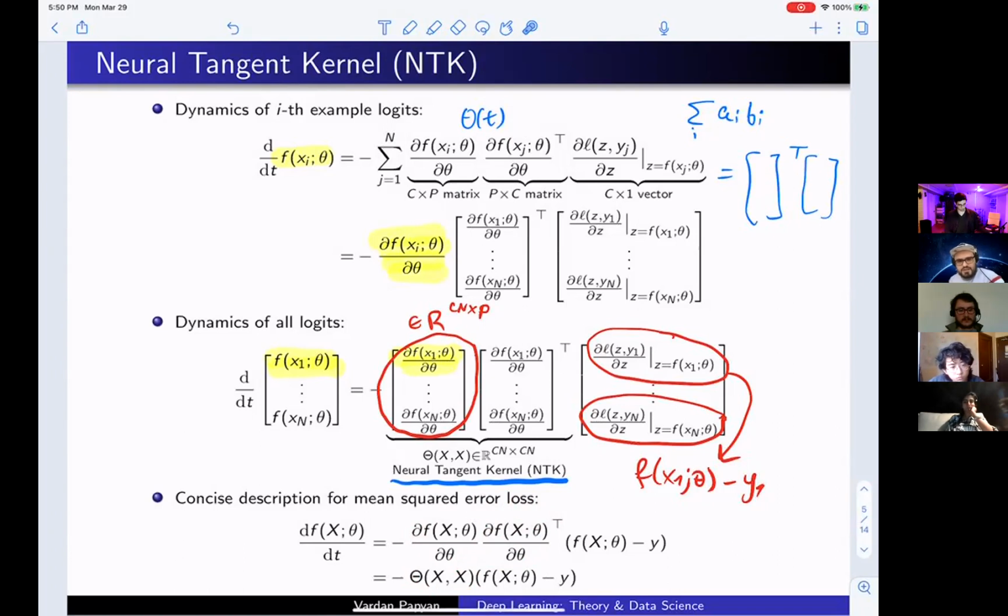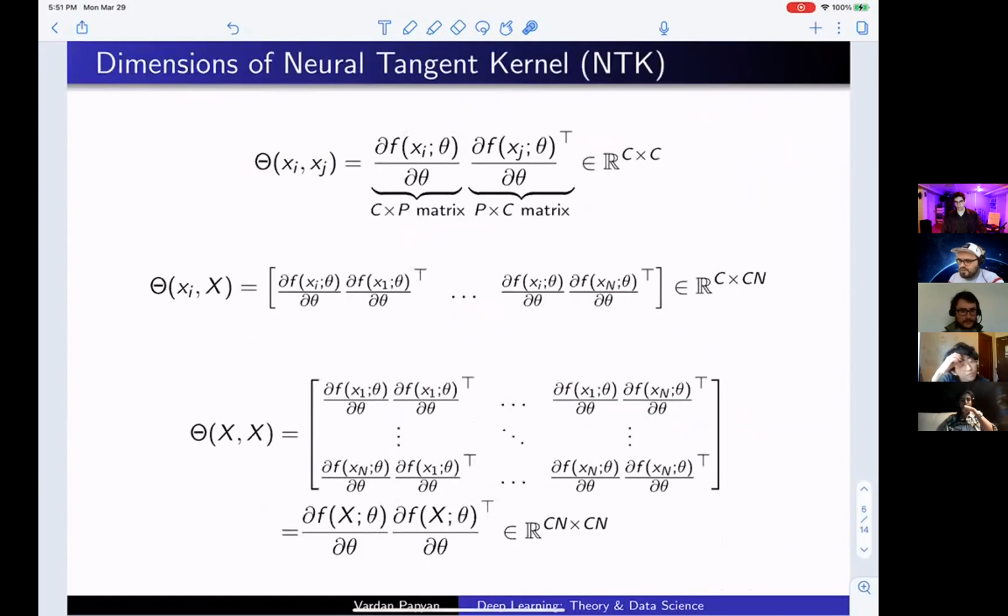Why are we using a notation Theta XX? Does anyone see here, why would we use such a notation? Does this remind you of anything? Kappa, exactly. That is exactly kappa. Kappa from the kernels lecture, right? And so let me conclude by just making sure we understand what is the NTK. Theta is a kernel.